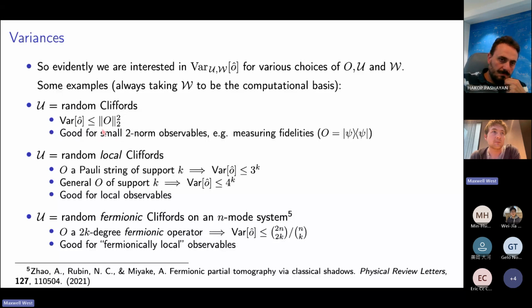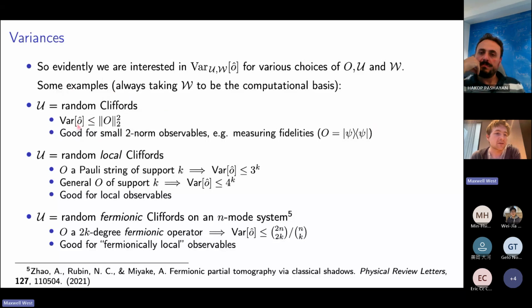So if your operators have small 2 norm, for example projectors onto small subspaces, or measuring fidelities with respect to different states, where the 2 norm is just 1, then for these sort of observables, you're great. The variance is bounded, and also for global Cliffords, one can show the visible space is global. It's everything.